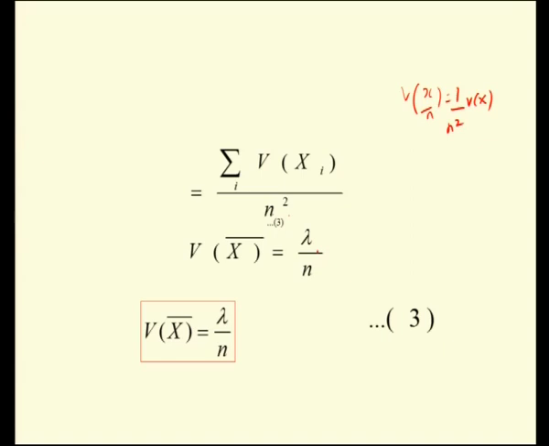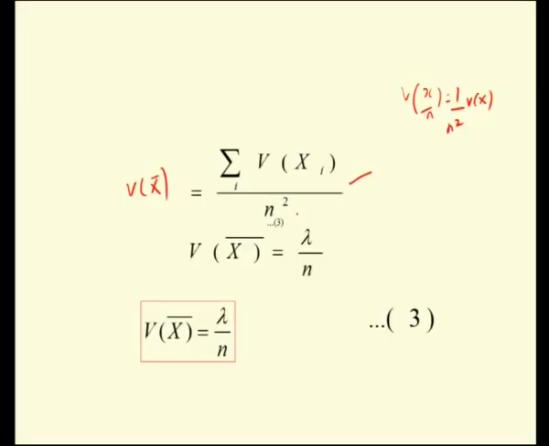So, you have taken the variance of summation xi. Again, variance of the sum is nothing but the sum of the variances. So, you end up with variance of x bar equal to summation of variance of xi divided by n squared. As I have said earlier, the mean and variance of a Poisson distribution are the same, that is lambda, the parameter which I have considered here as lambda.